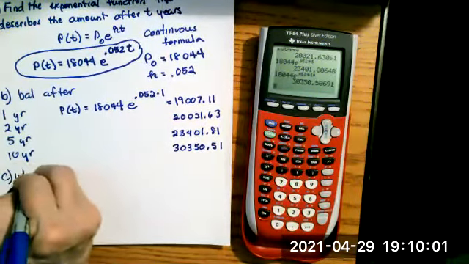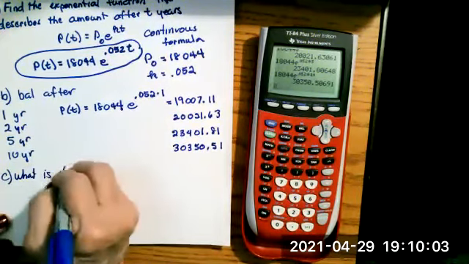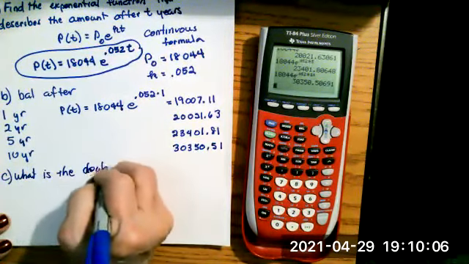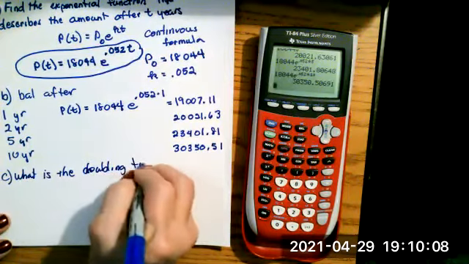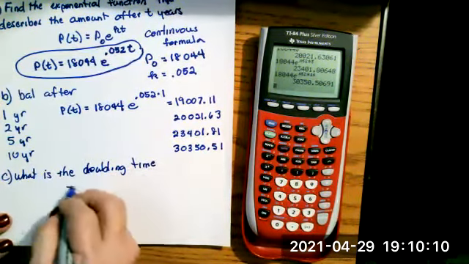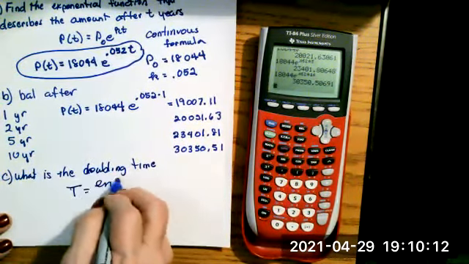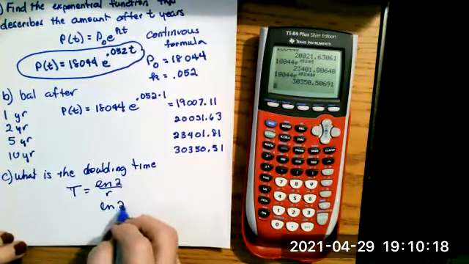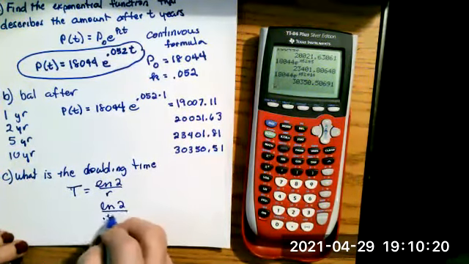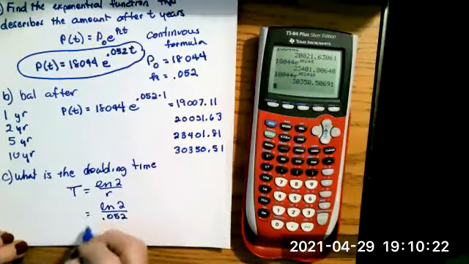C is what is the doubling time. And there's a doubling time formula. T equals ln2 over r. R is your rate. So we have ln2 divided by our rate was 0.052.